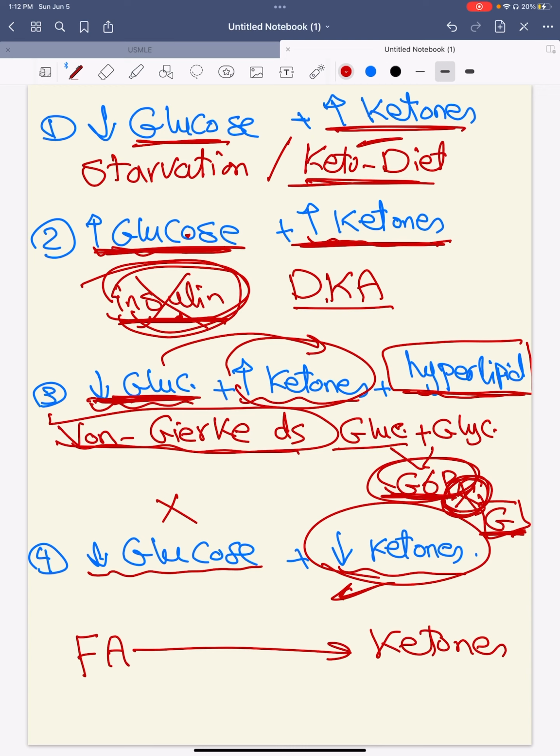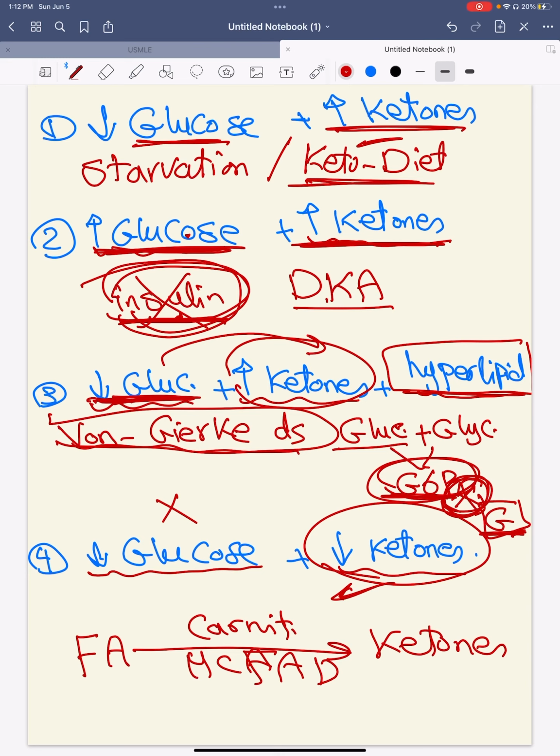And in order to do that, you need two things: carnitine, which moves fatty acid into the mitochondria, and another enzyme called medium chain acyl-CoA dehydrogenase, which breaks down the fatty acid to ketones.